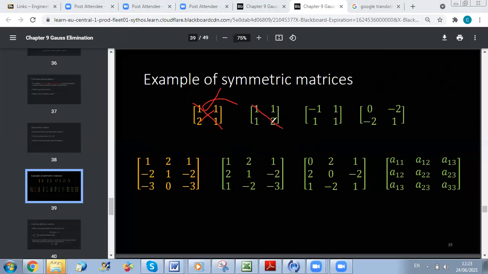They can be anything, different or the same. I just look at whether the matrix is a mirror across the diagonal. So here it's a mirror, it's symmetric. Here it's the same, I can see that it's a mirror, so it's symmetric.